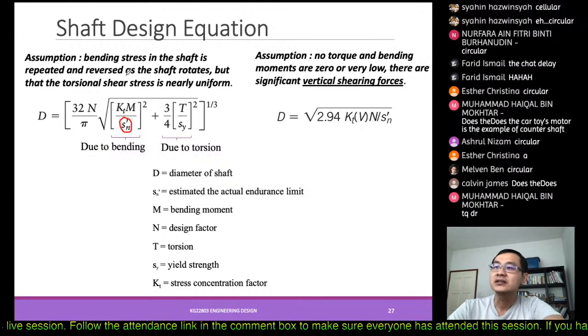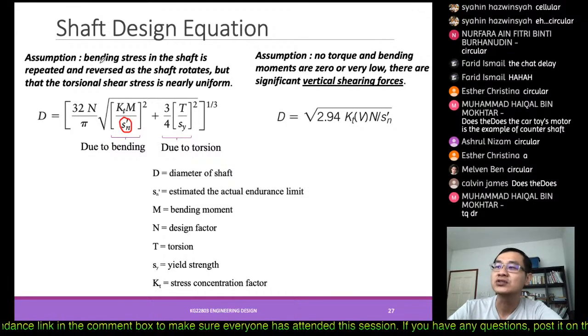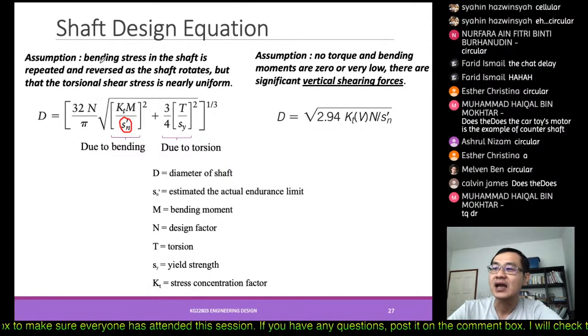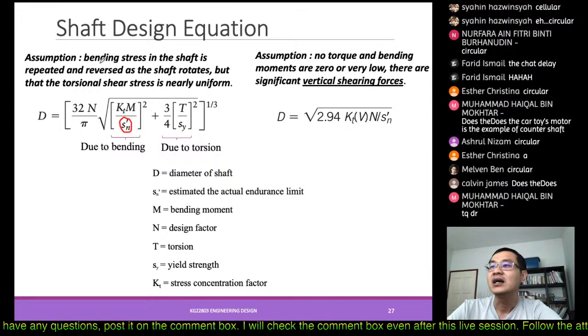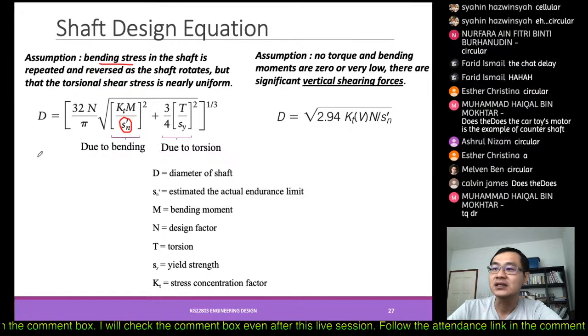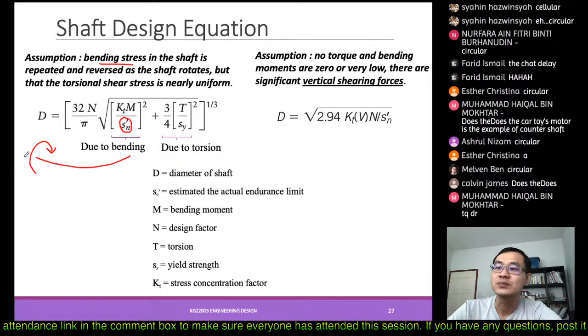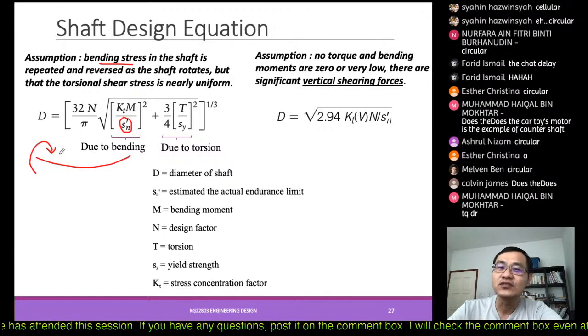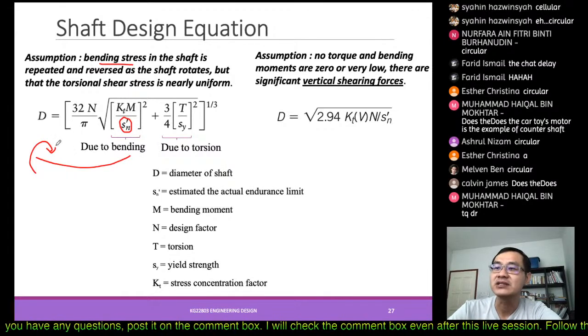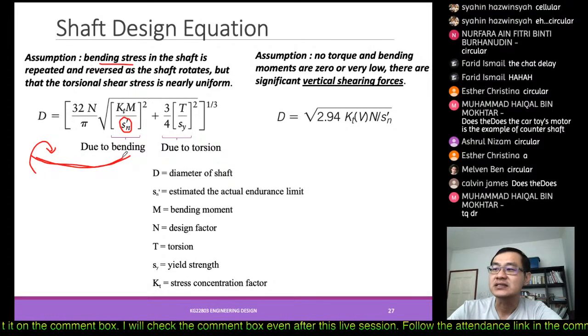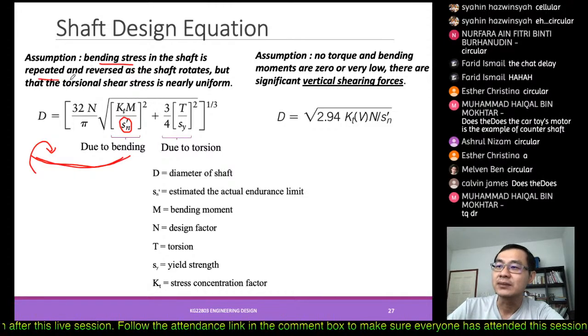In general for a shaft, what you need to know is they may undergo two kinds of conditions. One condition generally: there will be a bending stress in the shaft, and the torsional shear itself is uniform, meaning it is rotating with a given uniform power being transmitted along, but the bending stress in the shaft is repeated and reversed.